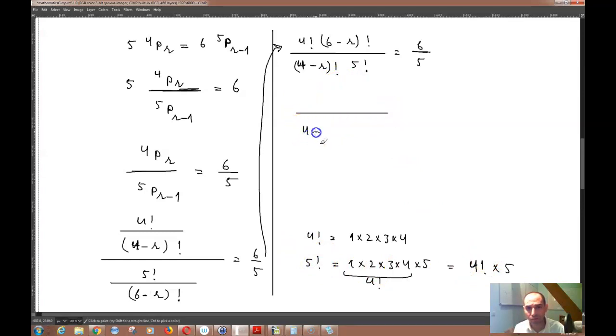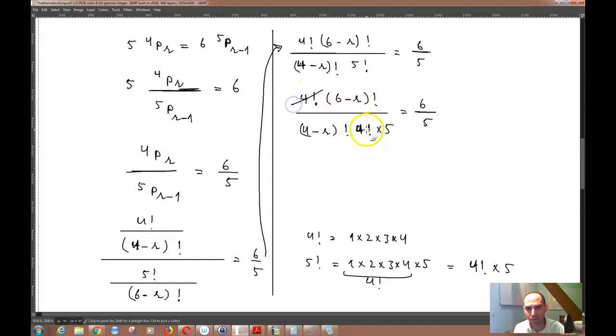So I write 4 minus r factorial times 4 factorial times 5, and over here I write 4 factorial times 6 minus r factorial is equal to 6/5.